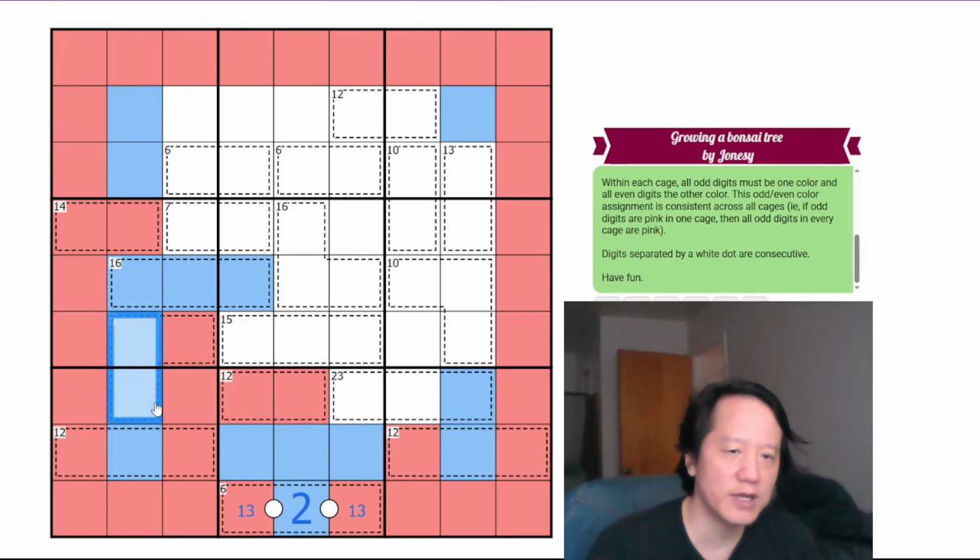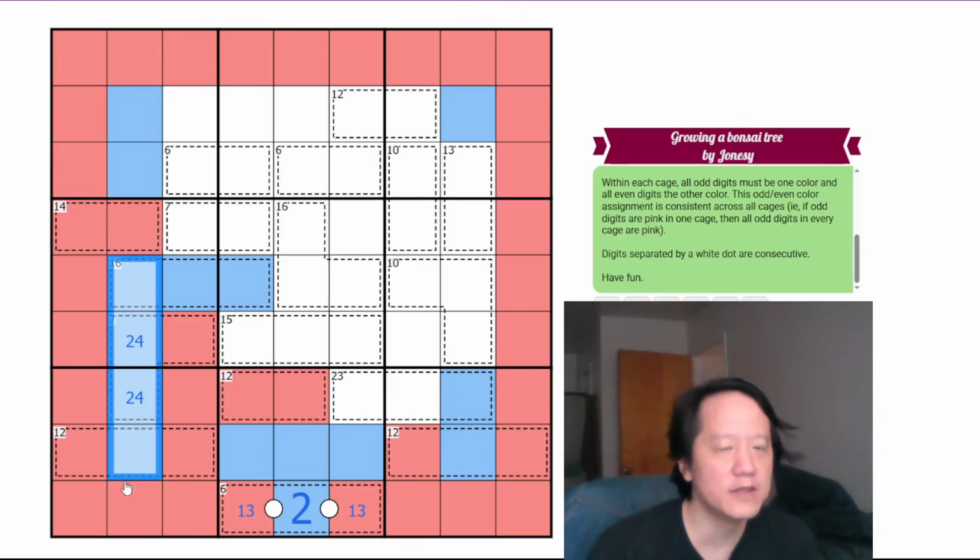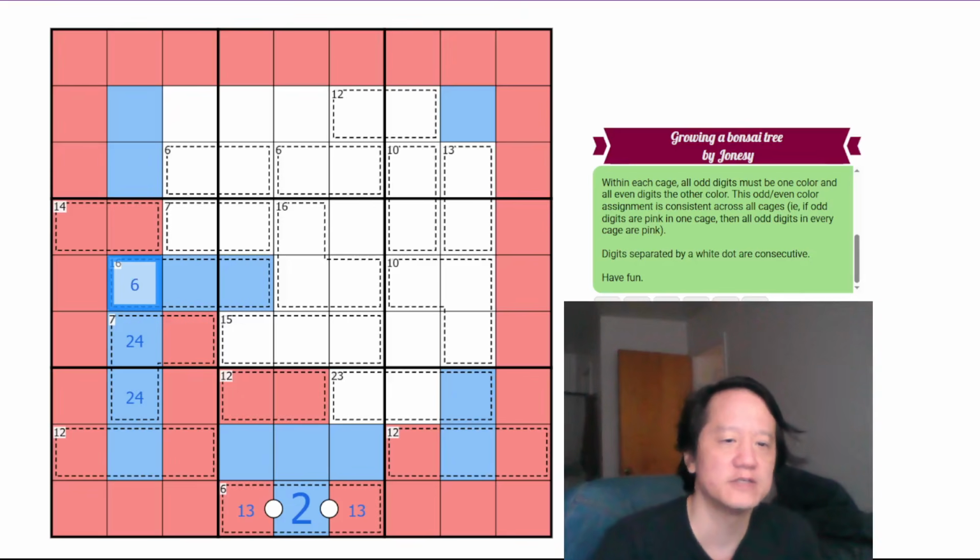These three, so we have a 2-4 pair here. We have all of these cells that are blue, so they're even in these cages. So that means this must be 6 and 8 as possibilities here.